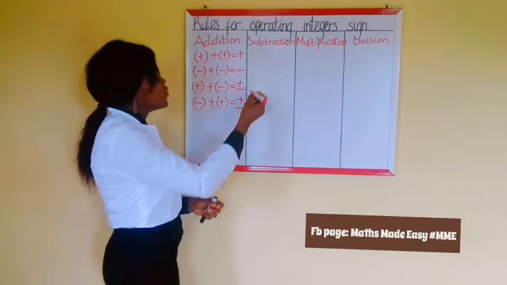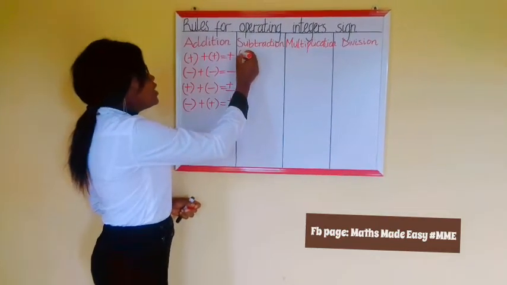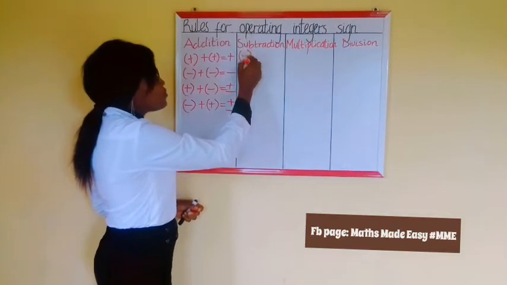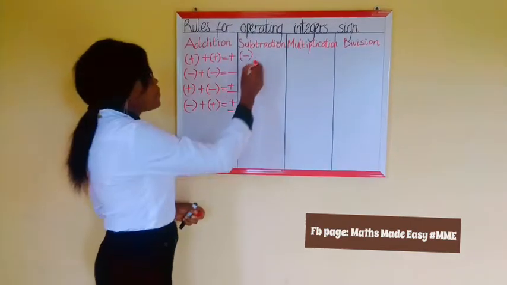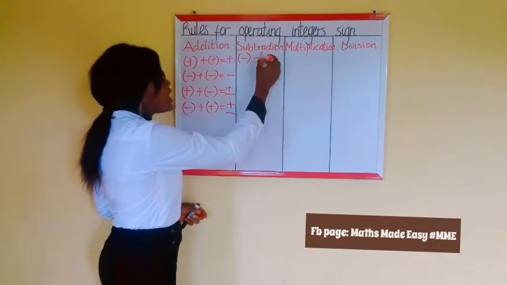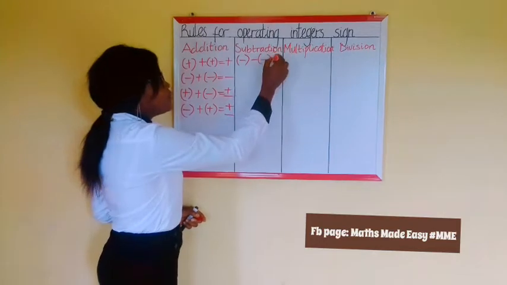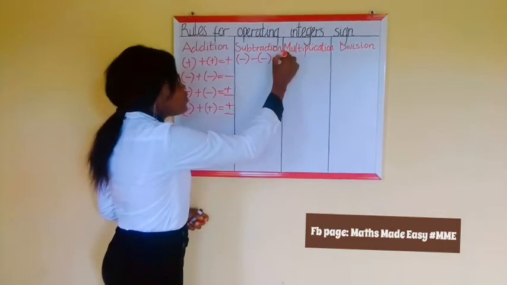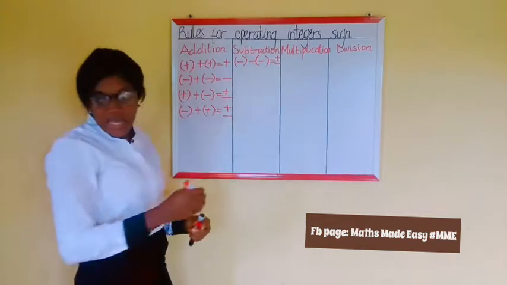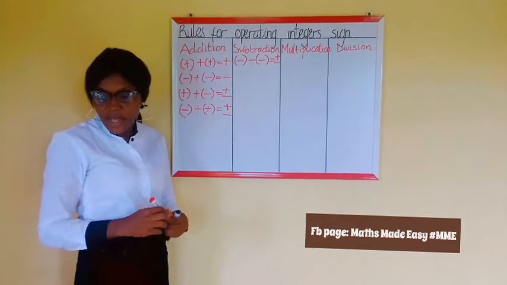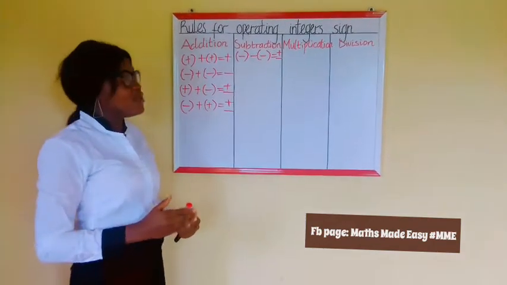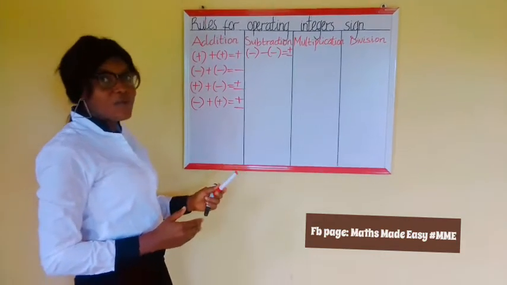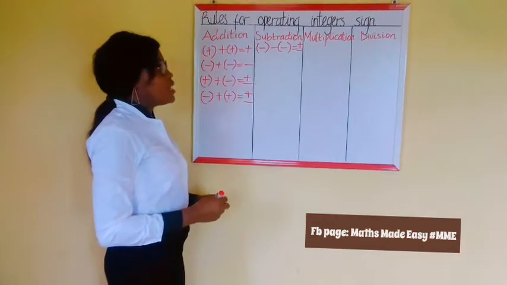Let's go to subtraction. When you have a negative number minus a negative number, it will give you a positive or a negative answer.